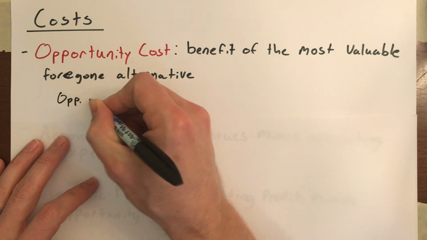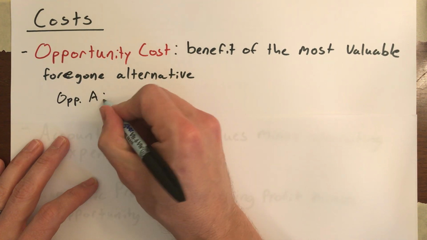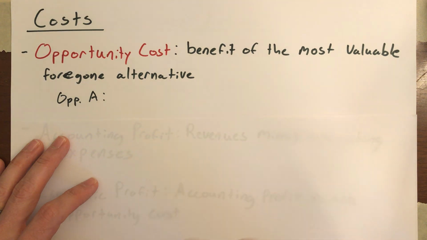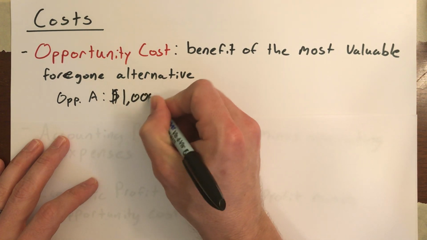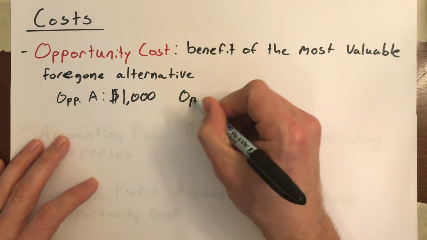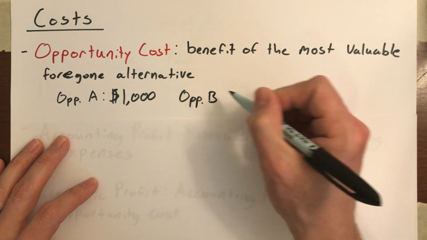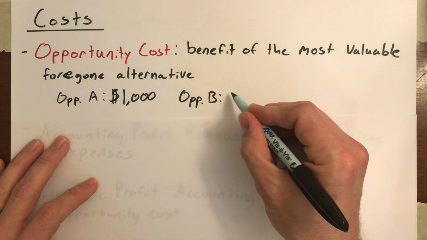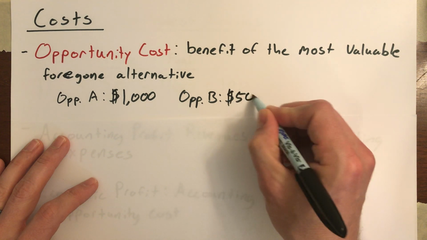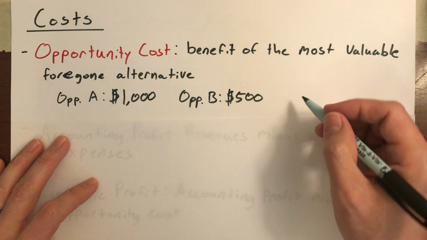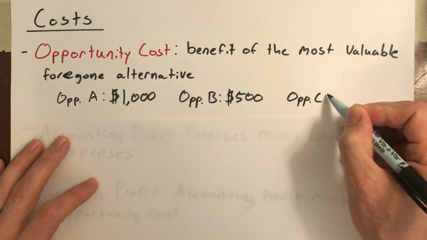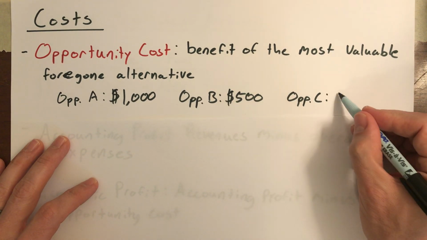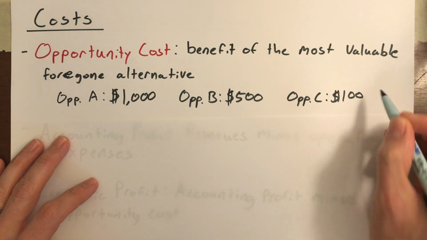So opportunity A, let's say that if you did that, you would earn profits of $1,000. And then you have opportunity B. That would earn you profits of, let's say, $500. And if you follow opportunity C, then you would earn profits of, let's say, $100.